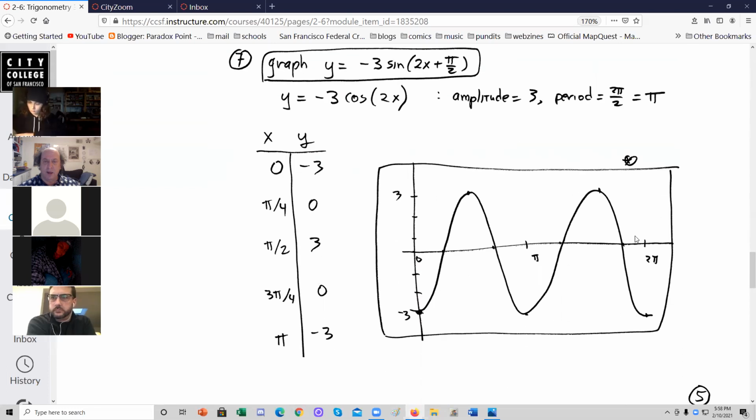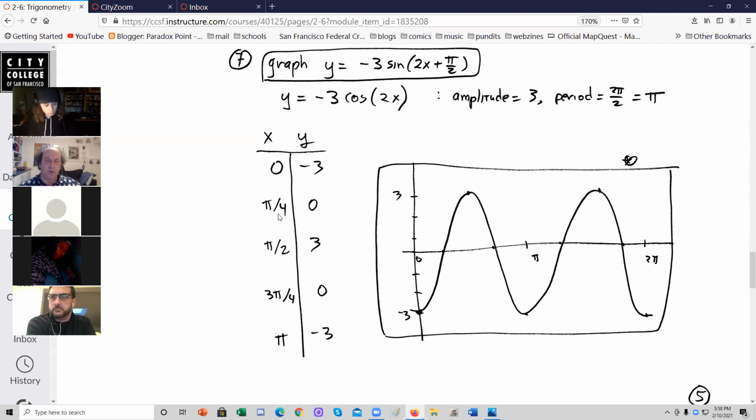So all right. At 0, cosine 0, which is 1, times -3 is -3. One full period later at pi, it's back to -3. Halfway between, it's at a value of 3. And halfway between the peak and the values are the zeros.